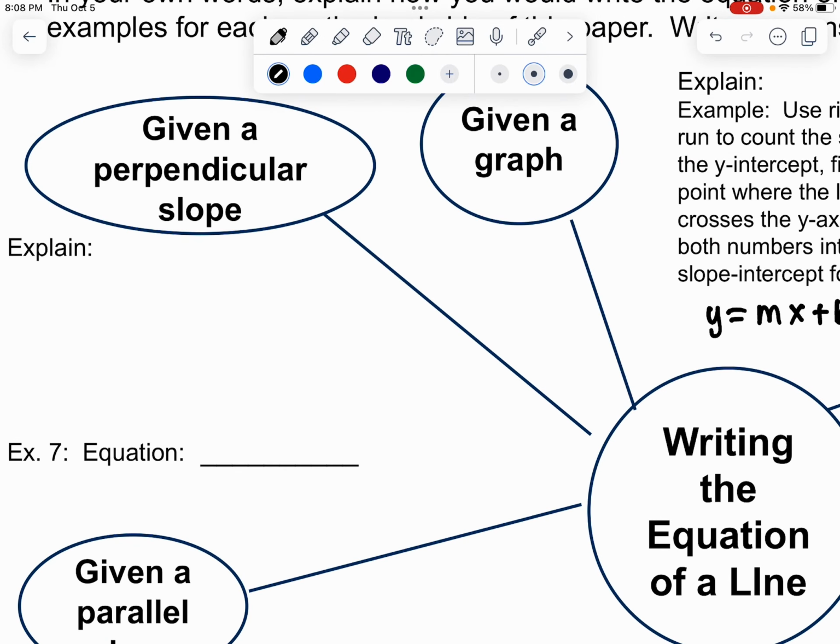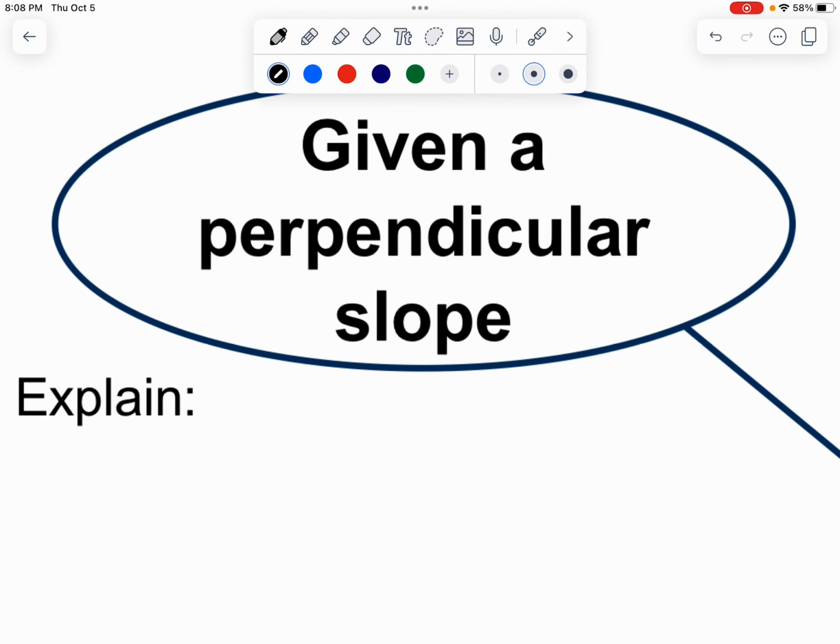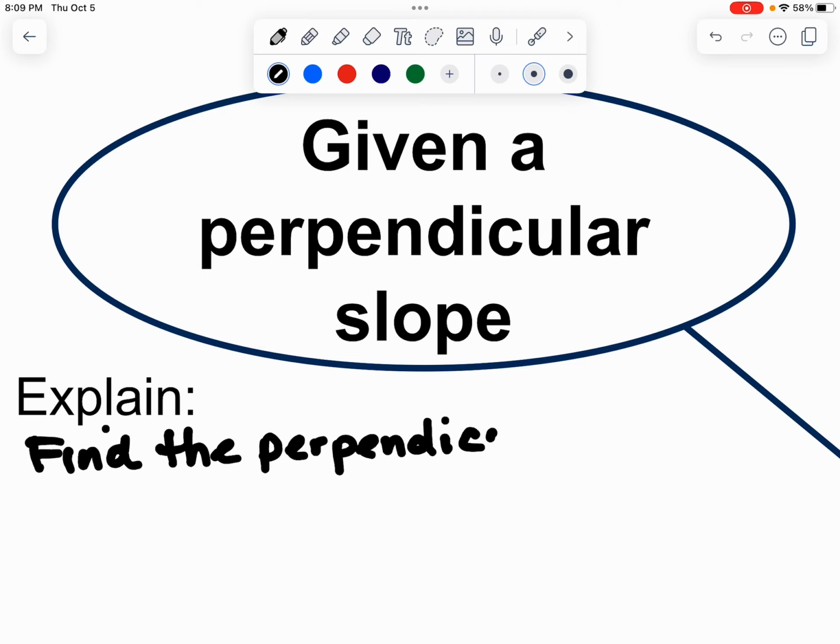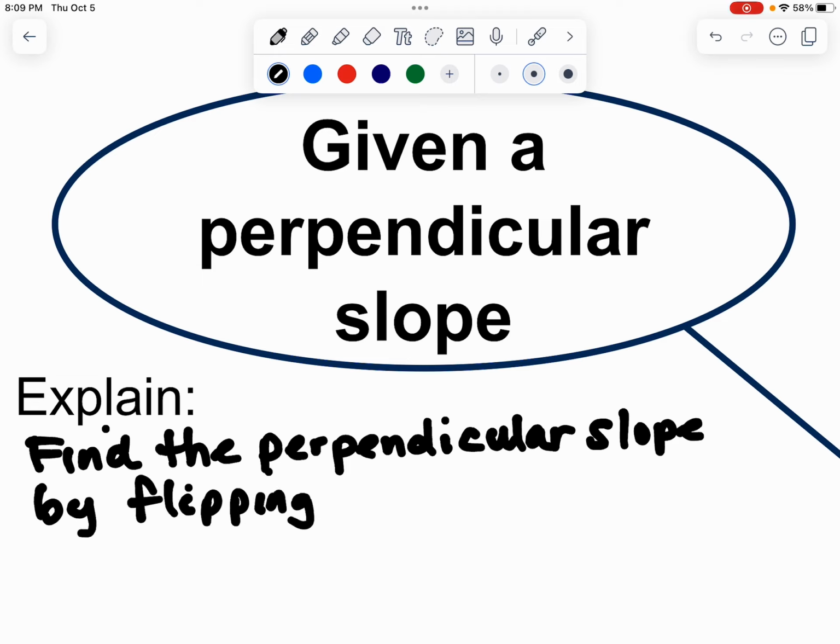And the last part, given a perpendicular slope. All right, first we are going to find the perpendicular slope by flipping the original slope and changing the sign.